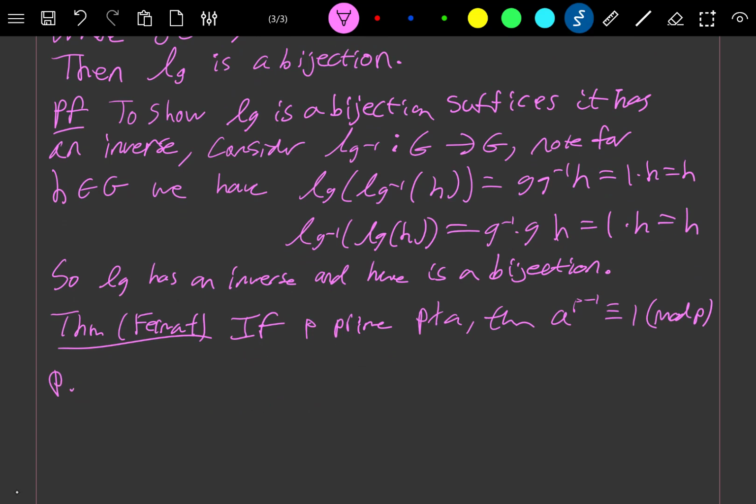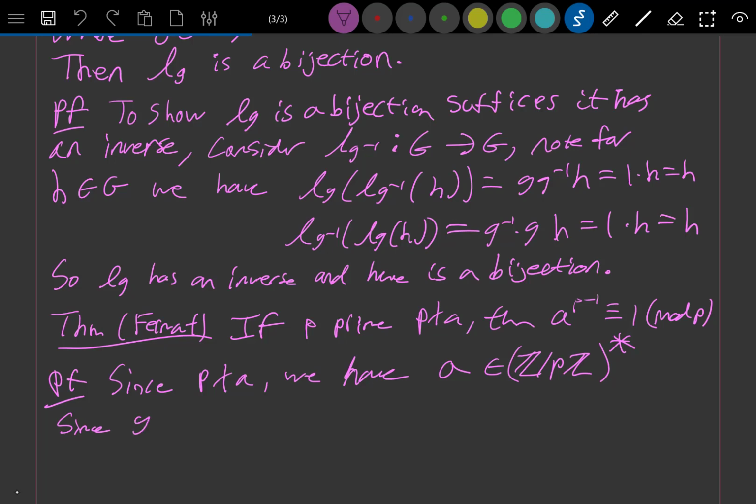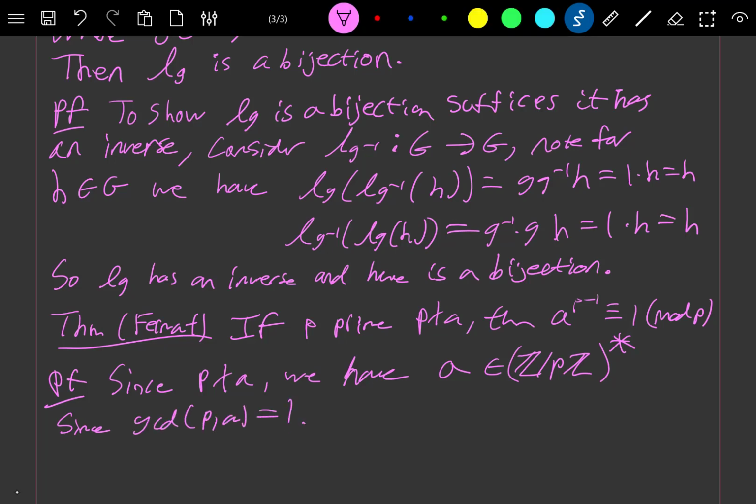So to prove this, since p does not divide a, we have that a, when we think of it as an element of Z mod pZ, is going to be a unit, since the GCD of p and a must be 1.